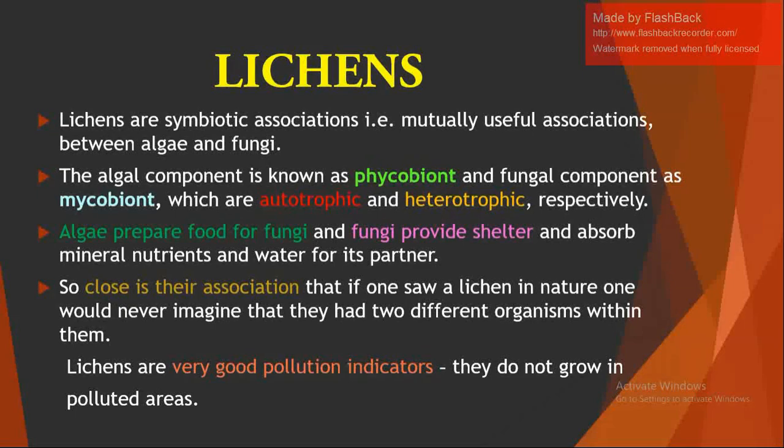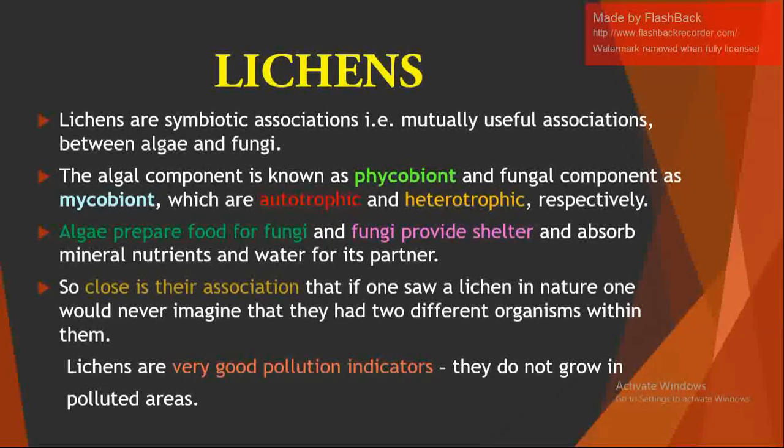If the area is getting polluted, they won't grow. They do not grow at all in polluted areas. Think that if there are no lichens growing in your area, it means the area is polluted. Hence, they are good pollution indicators. They won't grow in polluted areas.